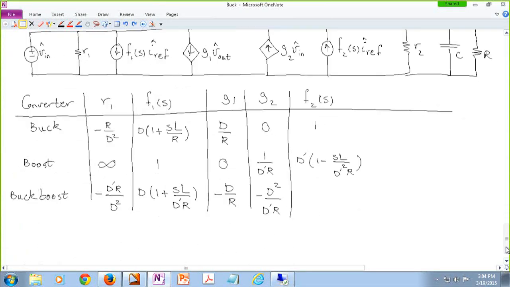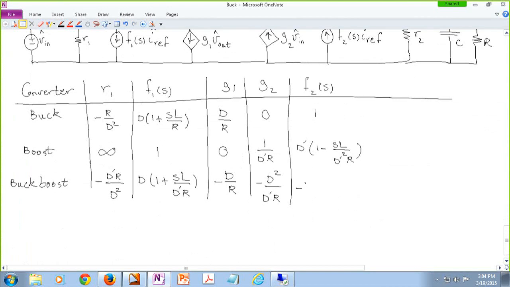And for the buck boost, it is negative D prime times 1 minus SDL over D prime squared R. All right, so this is this. And finally, R2, the resistance that appears on the load side. For the buck converter, we had no resistance. For the boost, we just had R. For buck boost, we have R over D.